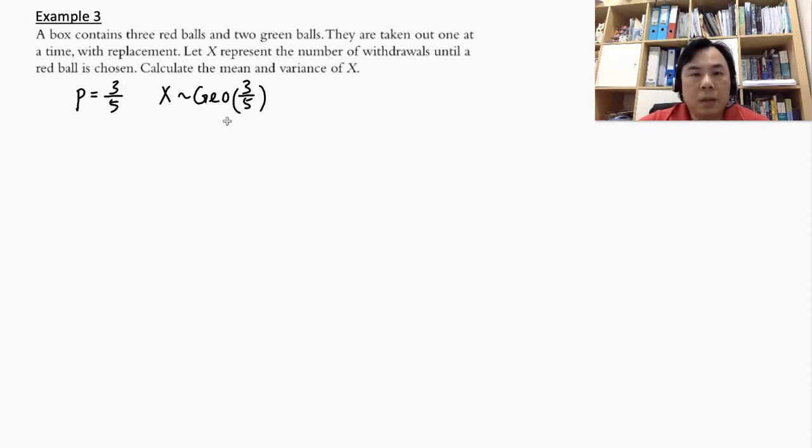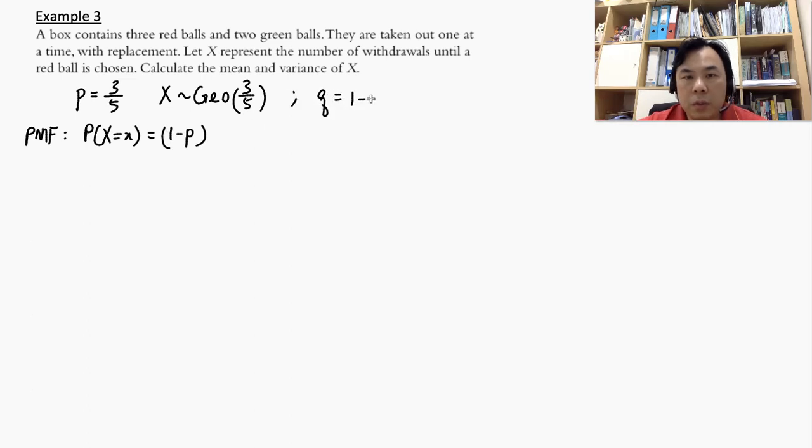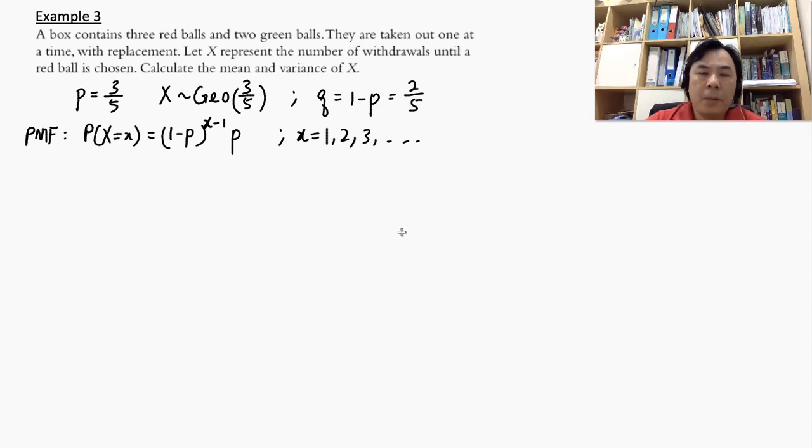And then its probability mass function, just to recap, is given by 1 minus p, or in this case I should have just written it down as 1 minus p, which is 2 over 5 here. All right, so 1 minus p to the power x minus 1, and then p here. Right. So x starts off from 1, 2, 3, and so on and so forth. So this is an infinite event here.